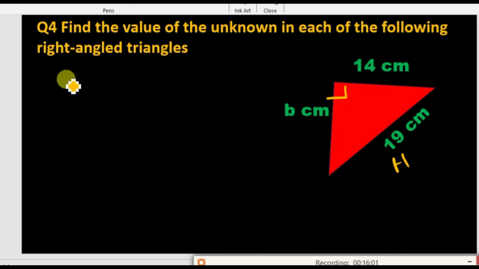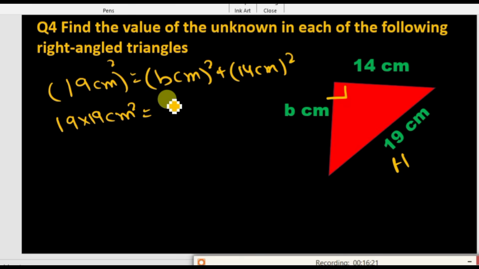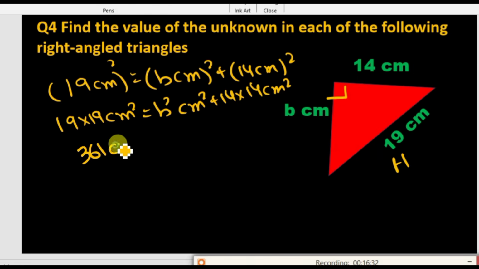Again, repeat the formula: 19 centimeter square is equal to b square centimeter square plus 14 centimeter square. 19 multiply 19, the answer is 361 centimeter square.